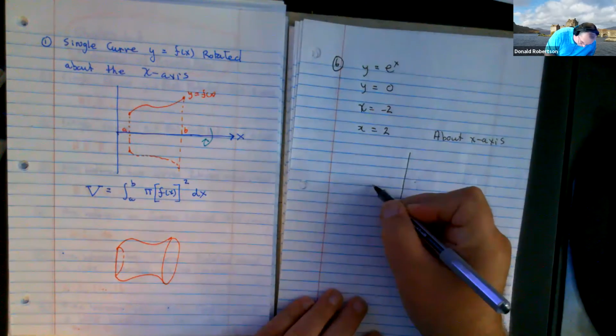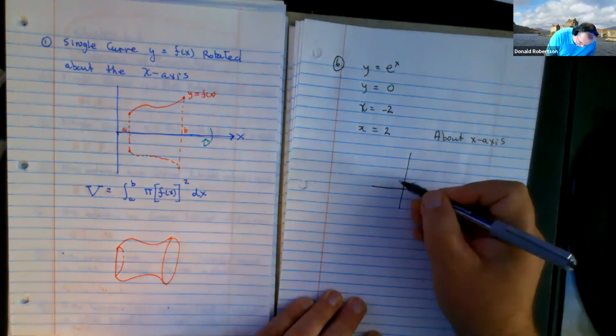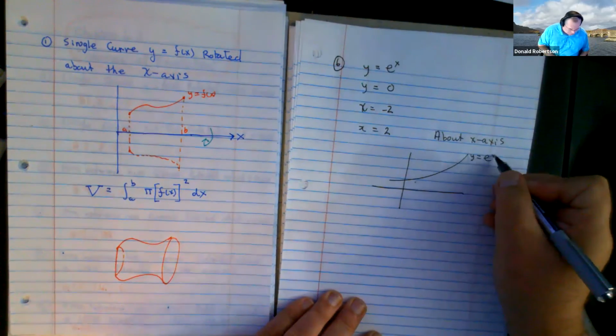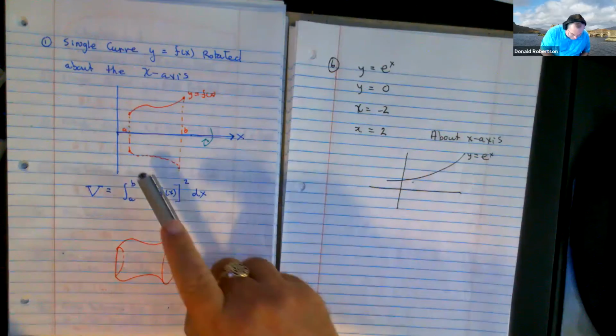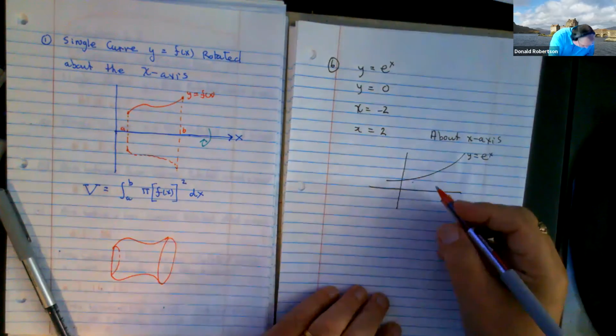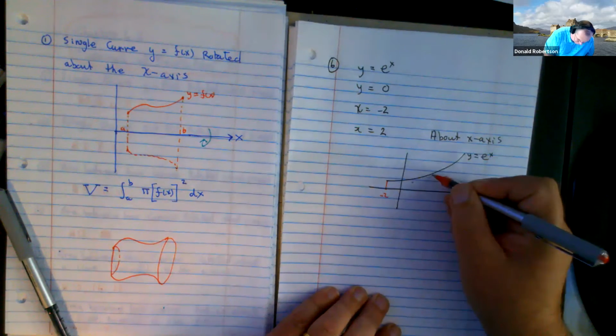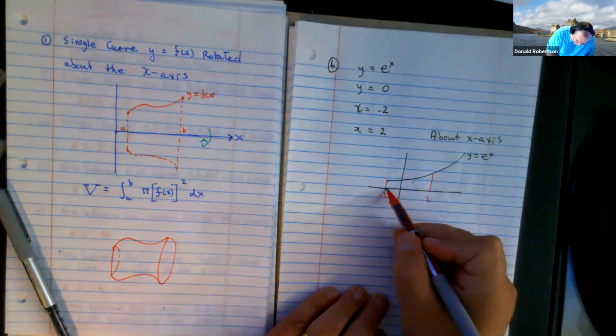And again, if you do it on Desmos, that's what that looks like. There's -2, there's +2, there's y equals 0.